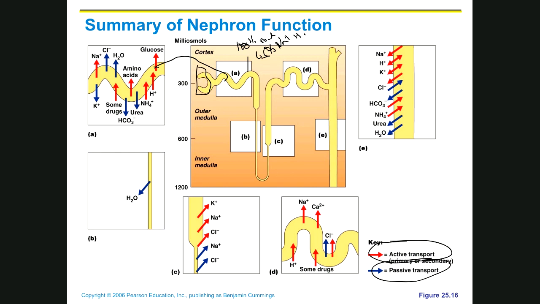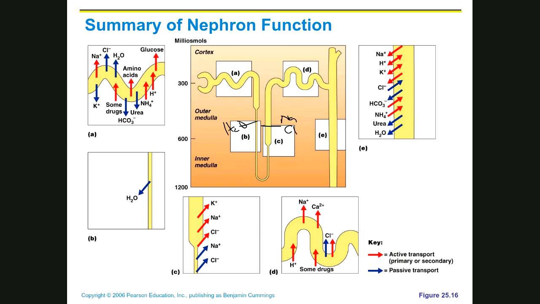And then we move down here, we're going to absorb more water. So this side, water. On this side, we're going to absorb sodium and chloride on that side. When we get here, it's variable. It depends on those hormones. And the hormones are ADH, and aldosterone, PTH, and ANP.